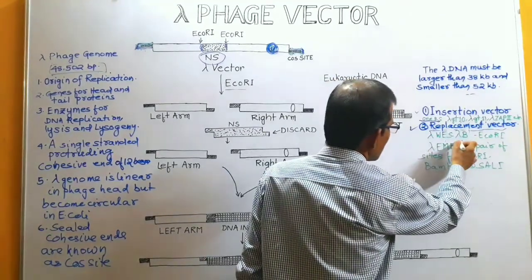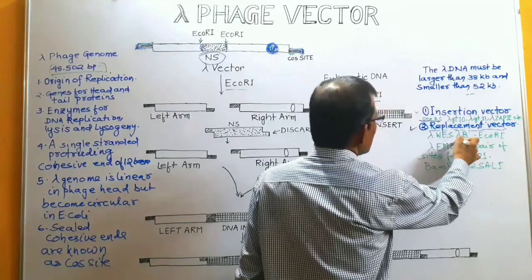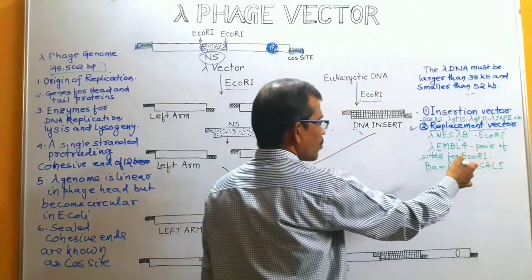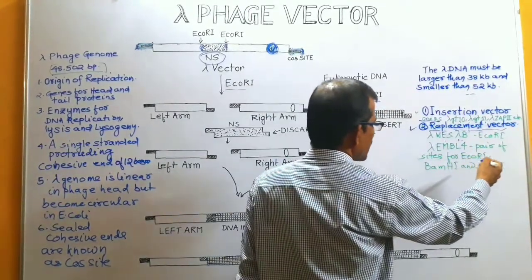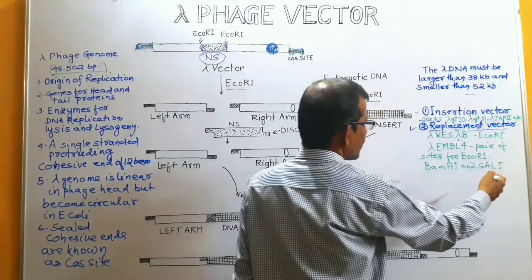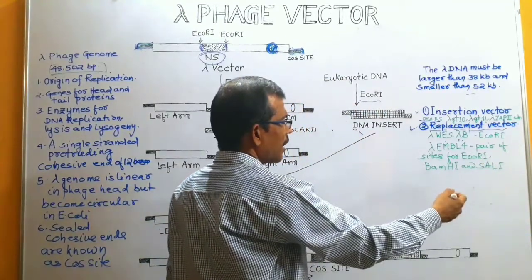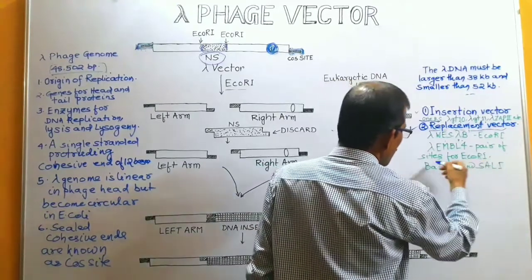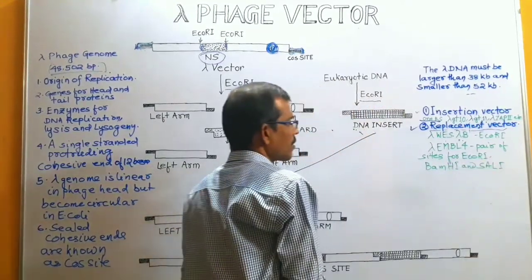In the replacement vector, the non-essential segment, which is also known as stuffer fragment, is flanked by a pair of sites for EcoR1.